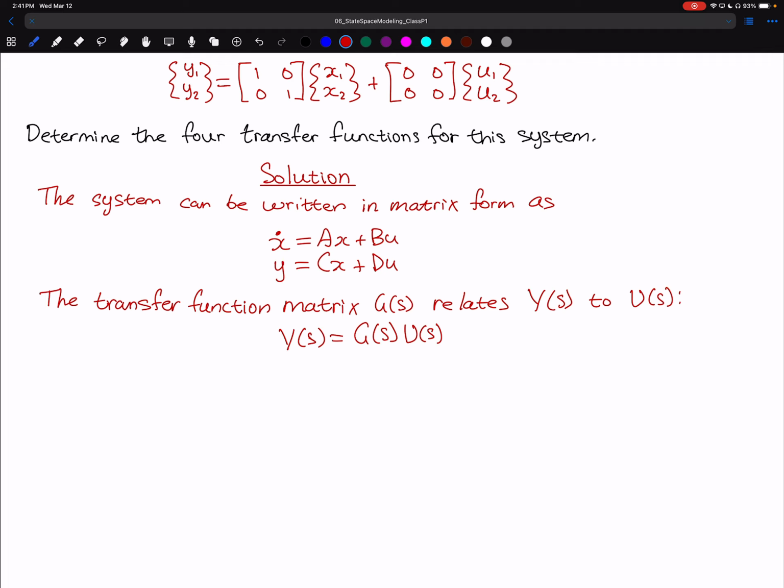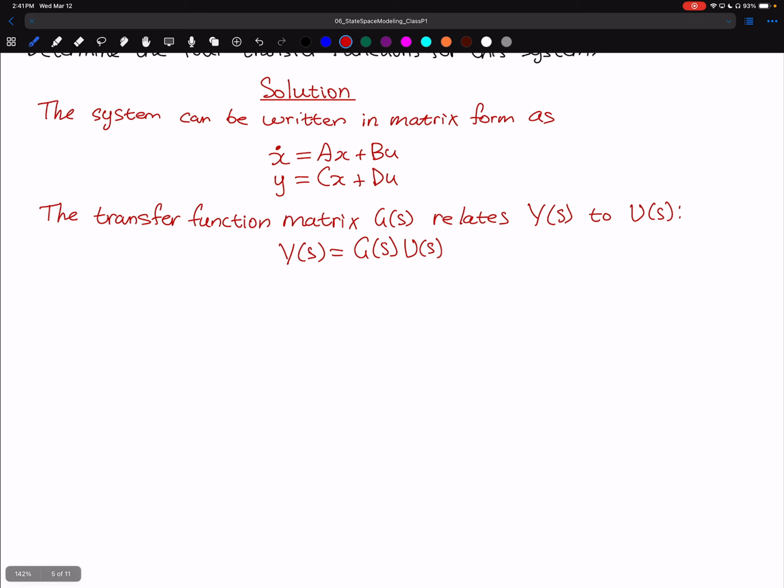We're going to take the Laplace transform of both of these equations. So to find G of S, we Laplace transform the state and output equations.